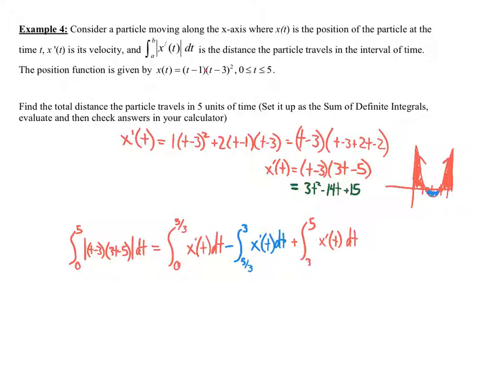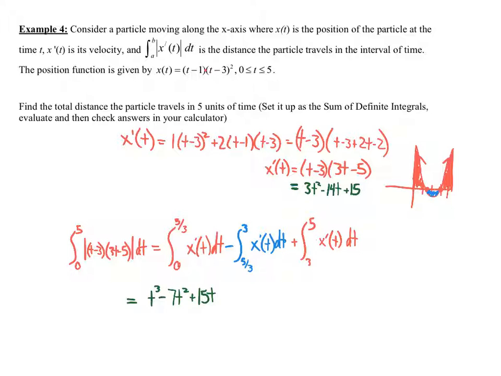Okay? So the integral of that, what's the integral of t cubed minus 7t squared plus 15t.